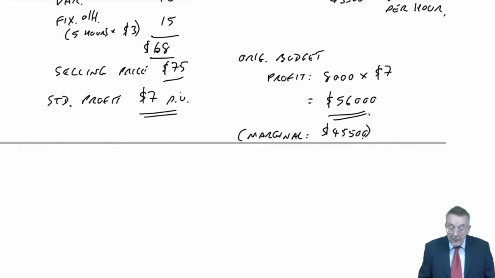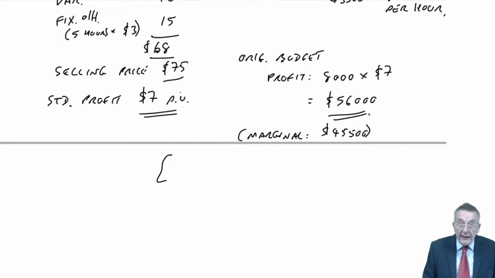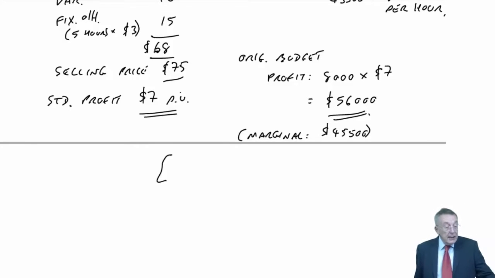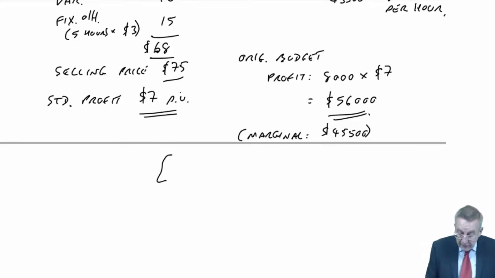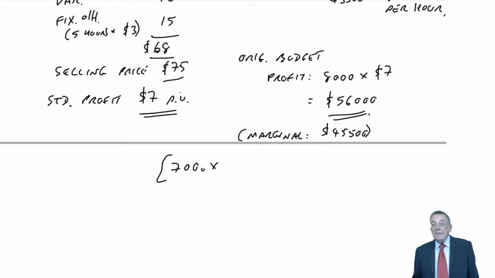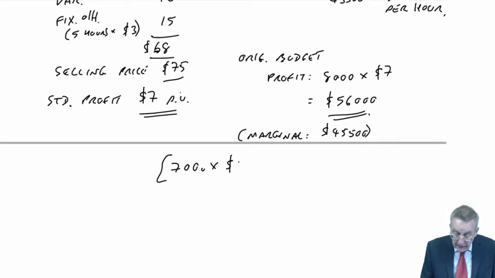The difference, if you remember, is the change in the inventory. And on budget, which is what we're looking at, opening inventory was 0, closing inventory was 700, so inventory changed by 700 units. It's the change in inventory times the fixed overhead per unit, which is 15. And so you'd expect the profits to be 10,500 different.